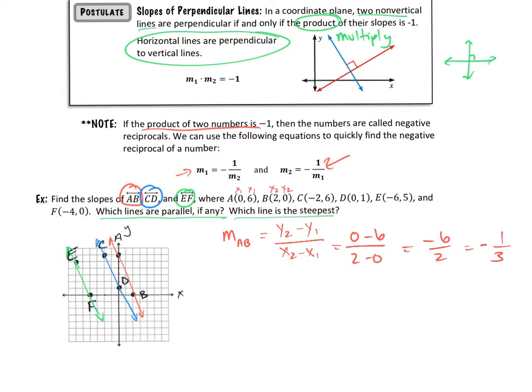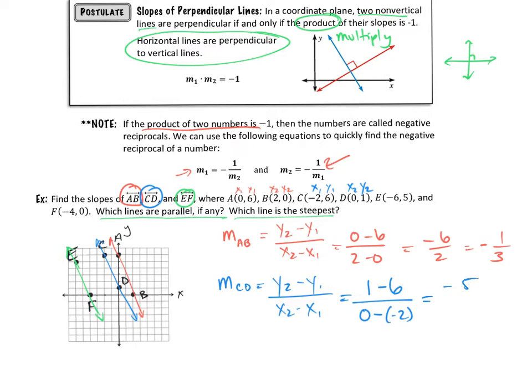For line CD, the slope is going to use the same starting equation. You're going to get very familiar with this. C and D are x1, y1, x2, y2. So it becomes 1 minus 6 over 0 minus negative 2, which equals negative 5, and then minus a negative number is a positive number, so it's negative 5 halves.